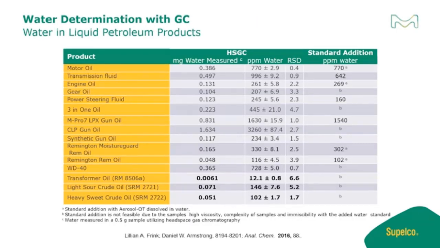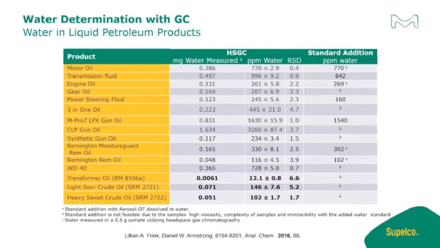Here's some other products, looking at a number of different petroleum products. Work done by Dan Armstrong and his group, Lillian Frink, when she was one of Dan's grad students, looking at a lot of different materials to determine the water content. Here she's comparing headspace gas chromatography versus using the water column.